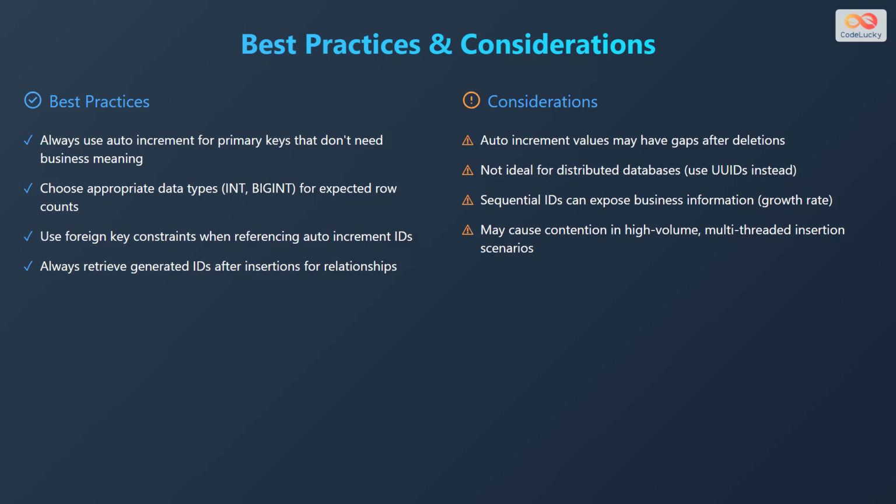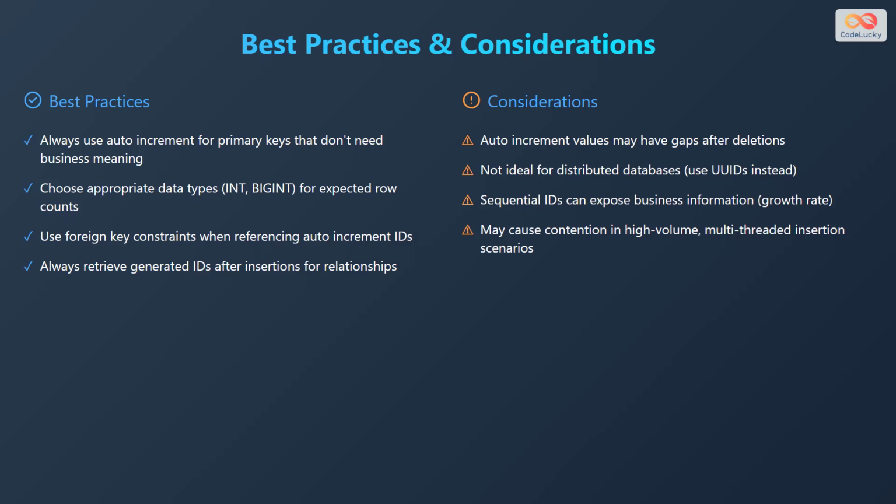Third, use foreign key constraints when referencing auto increment IDs. This helps maintain referential integrity between tables. Fourth, always retrieve generated IDs after insertions for relationships. This allows you to establish relationships between tables by referencing the generated IDs.